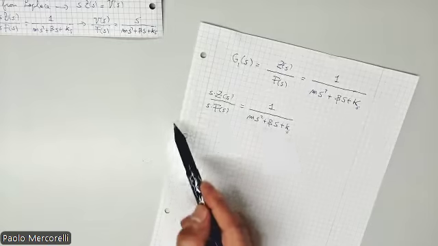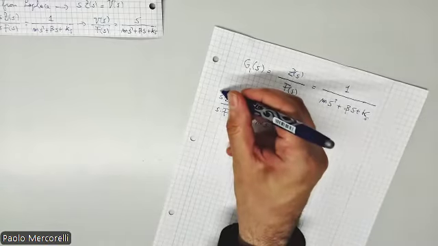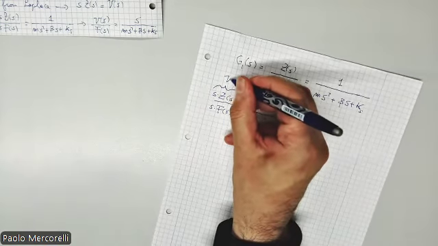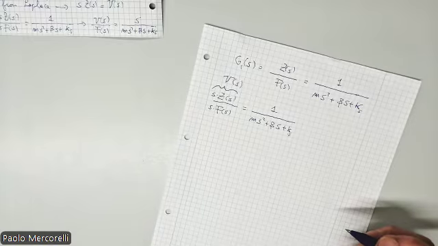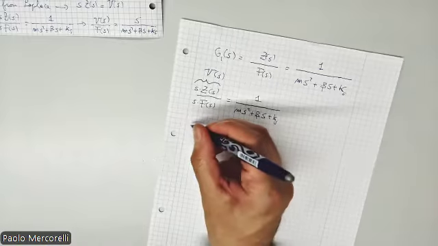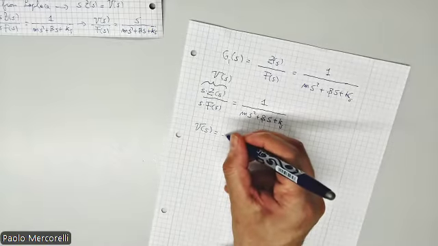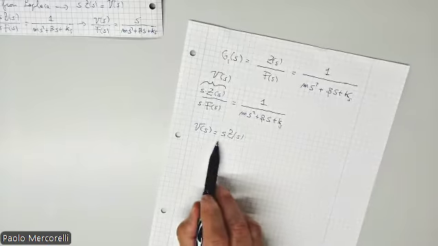I just formally multiply numerator and denominator by S. Look, but what is this? It is exactly what I'm looking for, because V of S is S multiplied by zeta of S. Why that?